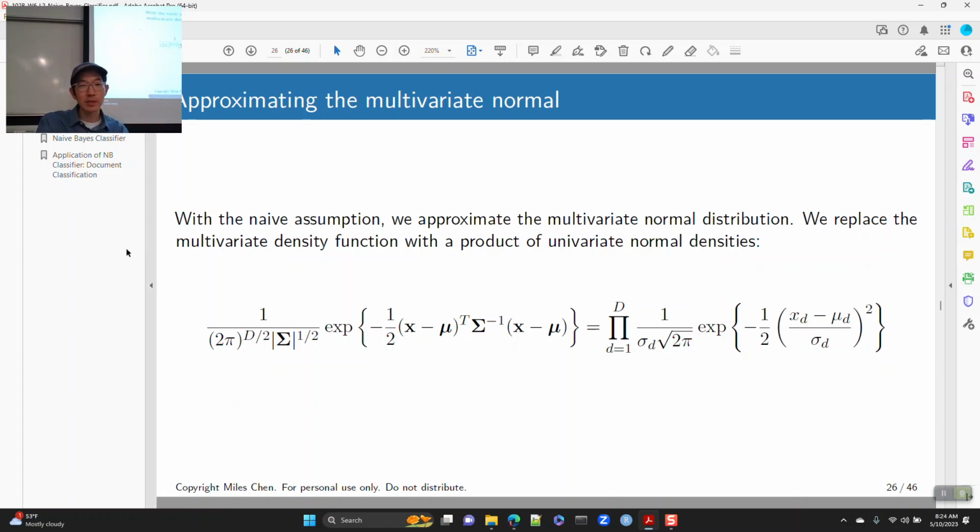So all this is saying is, here's the PDF of the multivariate normal, this is now equal to the PDF of a univariate normal, just a regular normal density, and you're going to have however many dimensions you have, it's going to be the product of all of those univariate things.